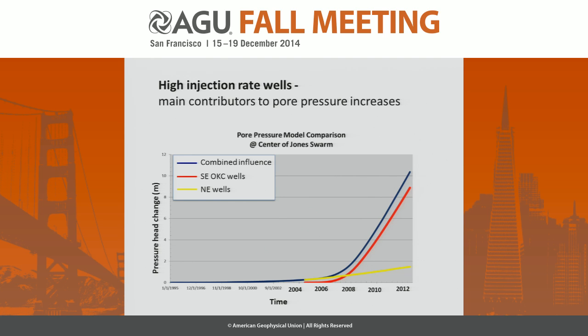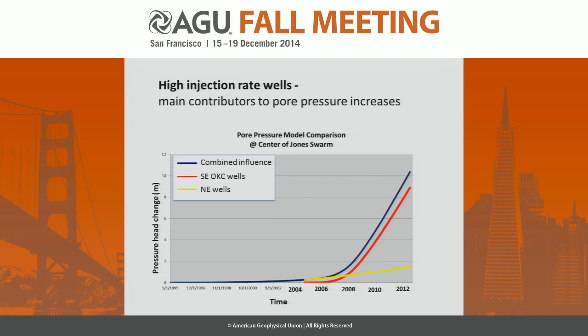Okay, and then the other thing we looked at in the model is that, as I mentioned, there are some other wells in the northeast area of the domain. And so this plot shows the contribution of these different injection wells. The red line shows the contribution of pressure from the 4 high-rate injection wells.